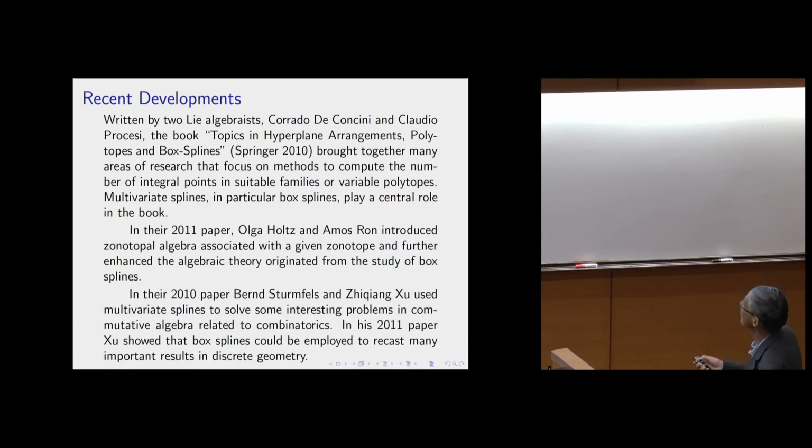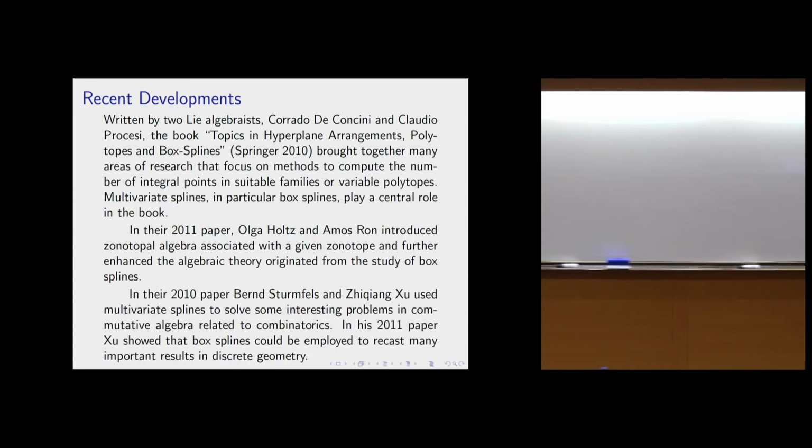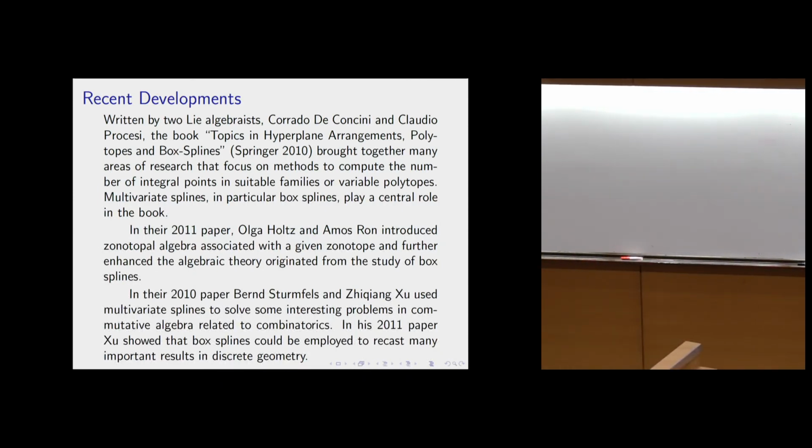Yesterday Armstrong also mentioned the recent developments. Also Xu Ziqiang and Storm Affairs used multivariate splines to study some problems in geometry and combinatorics. Here I mention the book by these two Italian mathematicians, who are algebraists: Topics in Hyperplane Arrangements, Polytopes and Box Splines.